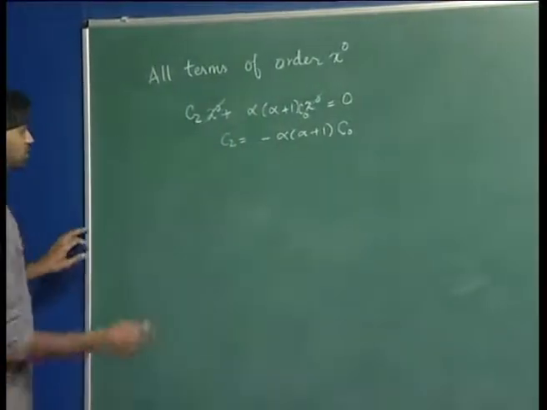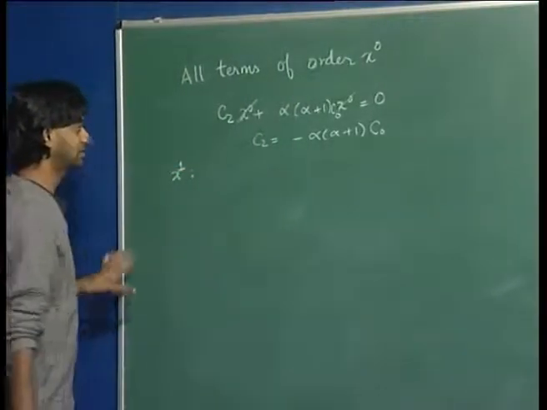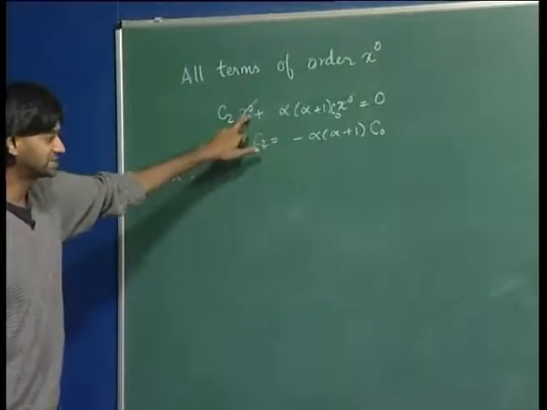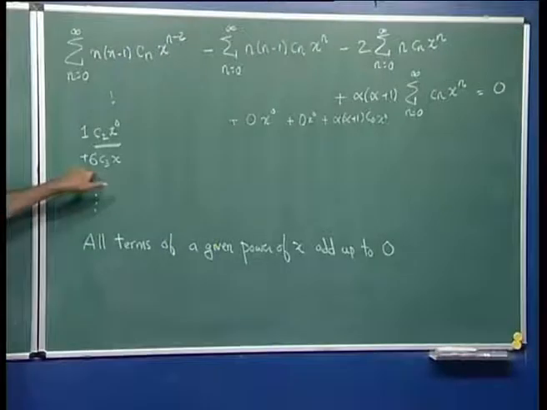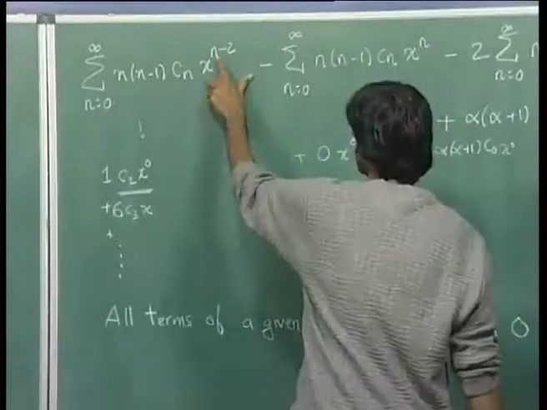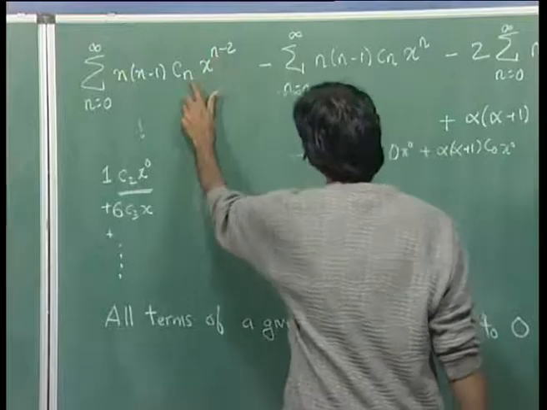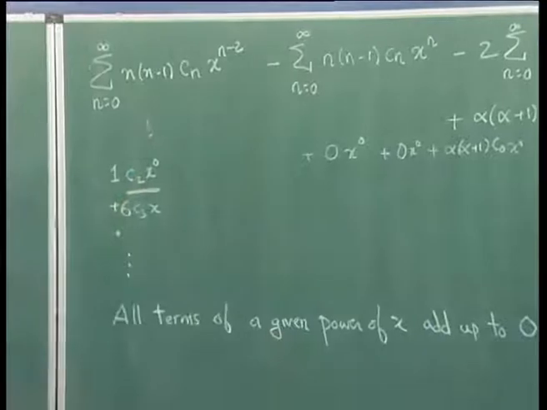Okay. Now, let us do this for terms of x power 1, and we will not bother writing x raised to 1 in front of each term. If you have to have x raised to 1, then n has to be equal to 3. So, n equal to 3 means you have C 3 into 3 into 2, so 6 C 3.